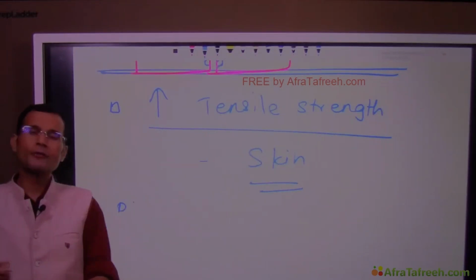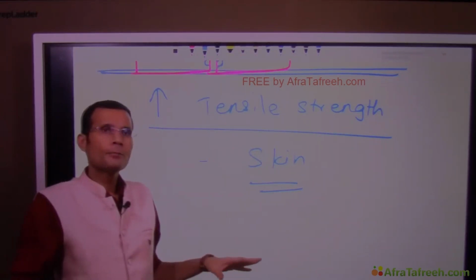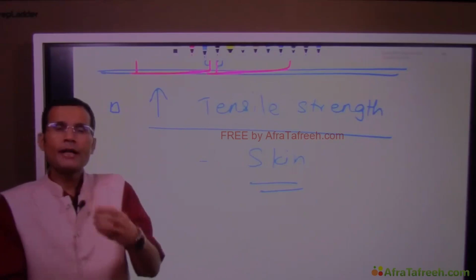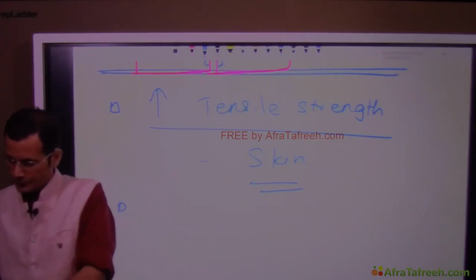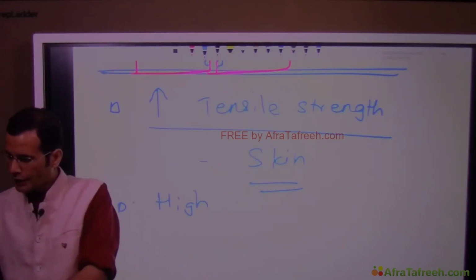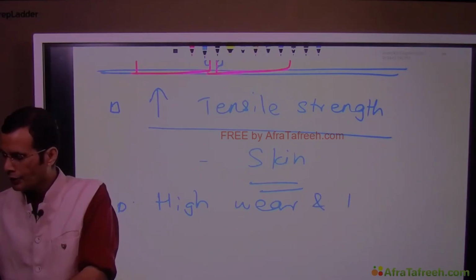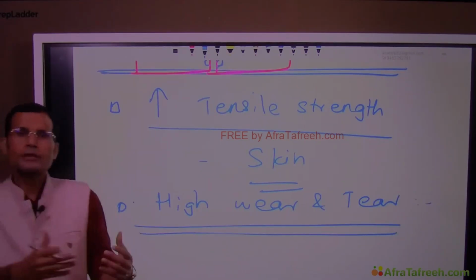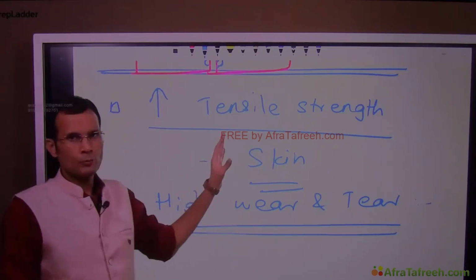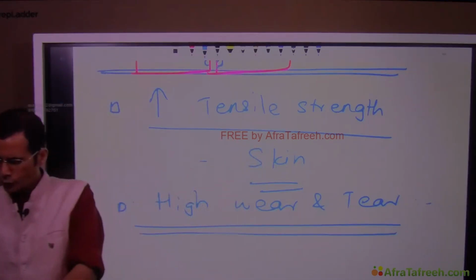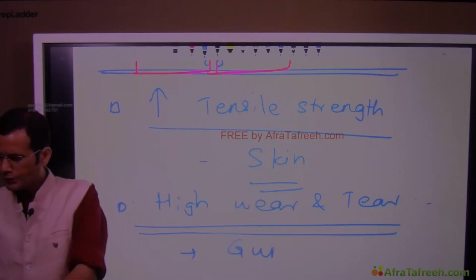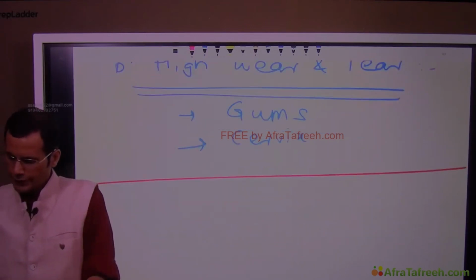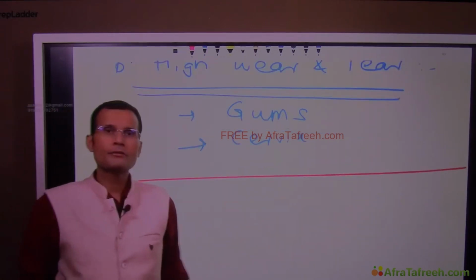Also, these junctions are found where the wear and tear of the tissue is high. If there is a high wear and tear of the tissue, there the cells are junctioned by desmosomes. So, gums, cervix.